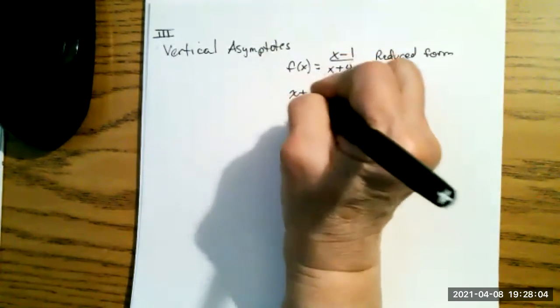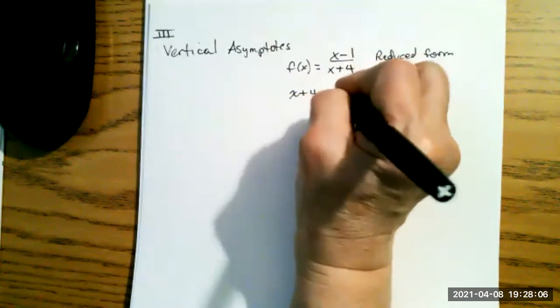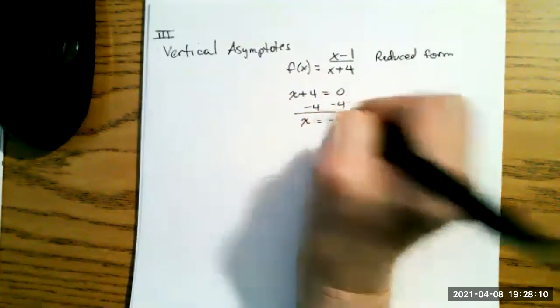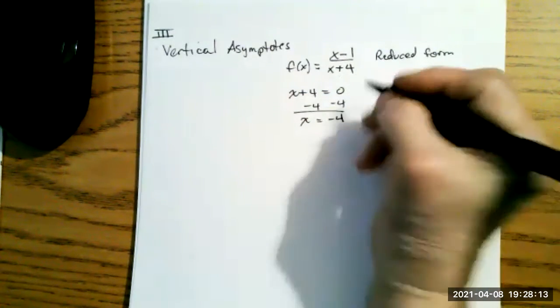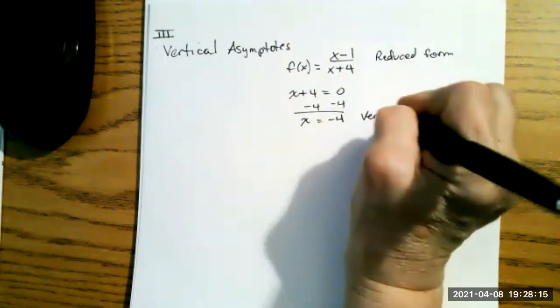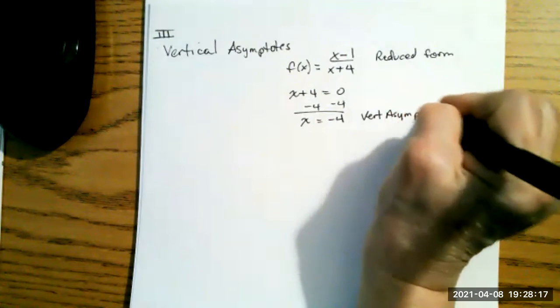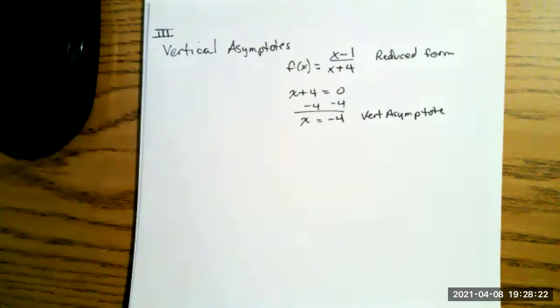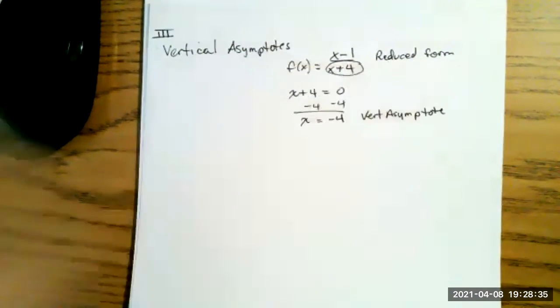So I set this equal to 0, the bottom, and I get x equals negative 4. There's my vertical asymptote. Okay. So the vertical is whatever we're just taking the one in the denominator and doing it. Okay.